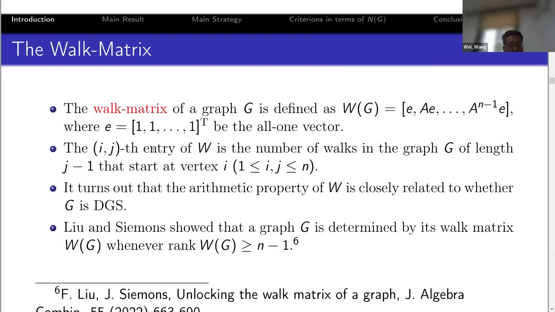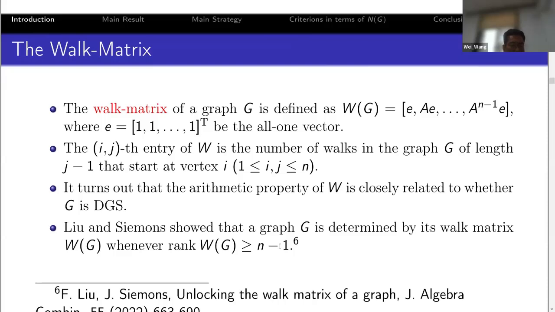So the (i, j) entry of W is the number of walks in the graph G of length j minus 1 that start at vertex i. It turns out that the arithmetic property of W is closely related to whether the graph G is determined by its generalized spectrum. And recently, Liu and Siemons showed that a graph G is determined by its walk matrix W_G whenever the rank of W_G is greater than or equal to n minus 2.